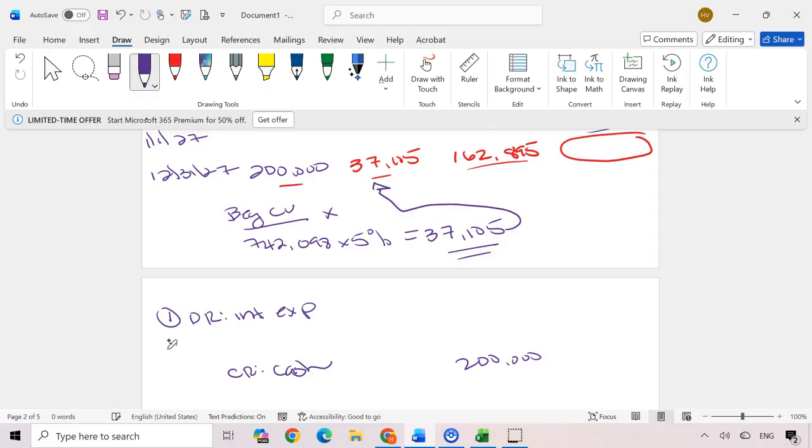So I'm going to debit interest expense for $37,105, and the remaining difference is going to be the decrease in my lease liability. So I'm going to debit that for $162,895. That's the first entry.